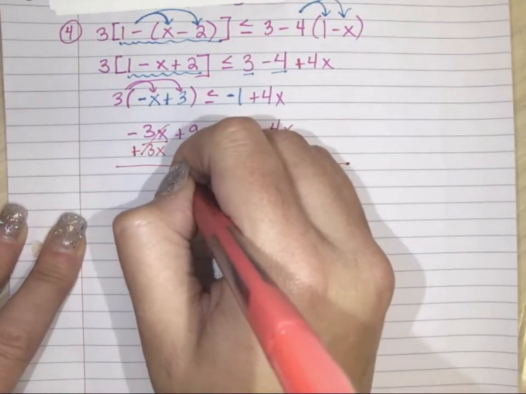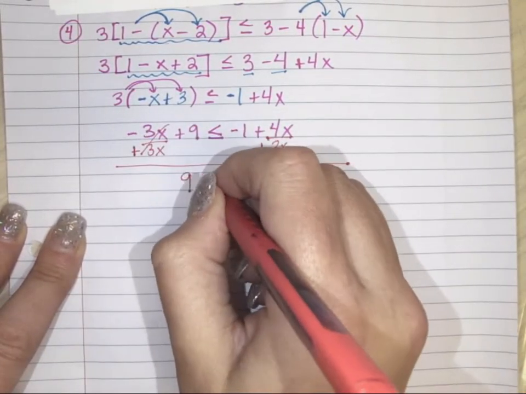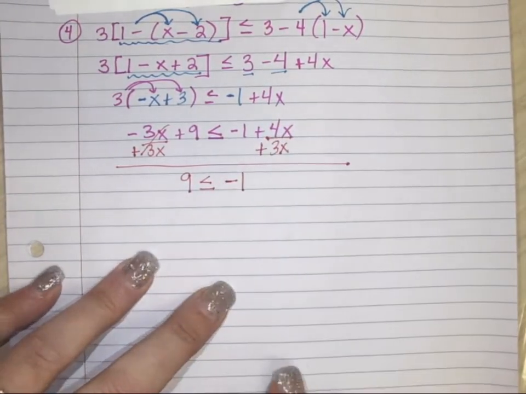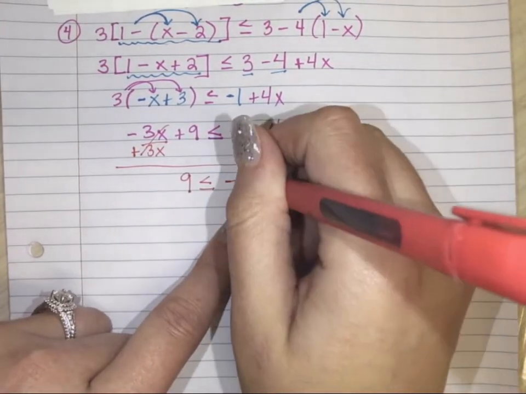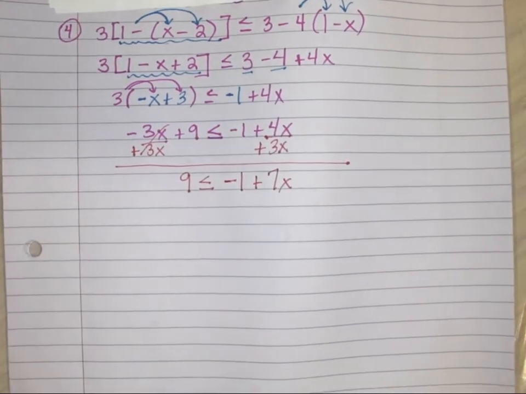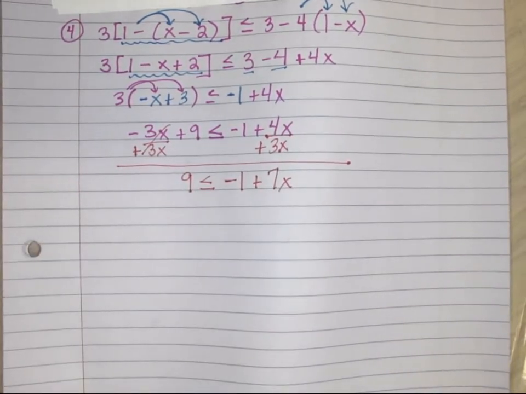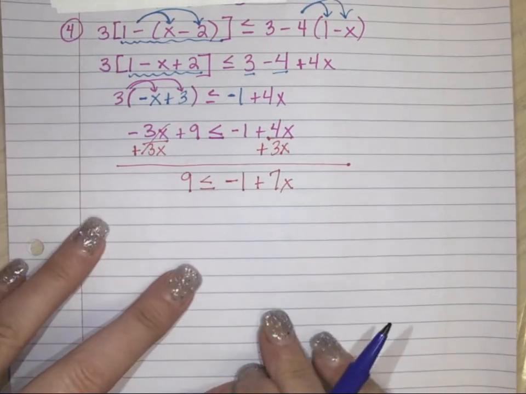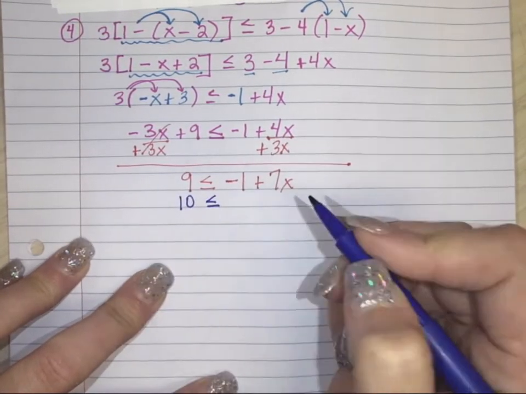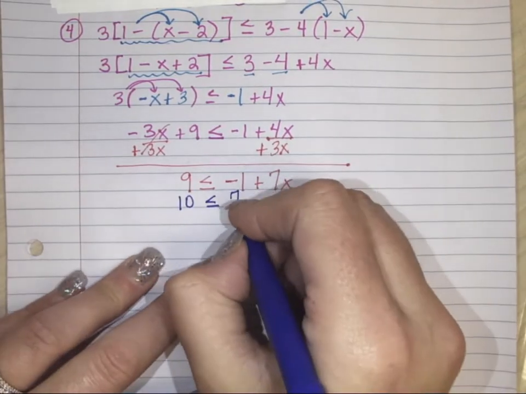Bring down your 9 that's left on the left side. Bring down negative 1. And then, of course, that will give you 7x. And then we have a lovely two-step equation. So add 1 to this side, you get 10 is less than or equal to 7x.